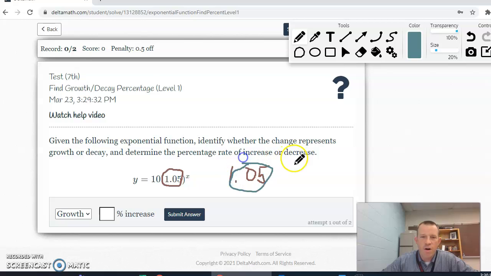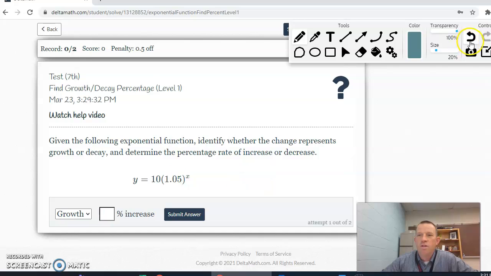We have to convert 0.05 into a percentage. The way that we do that is we move the decimal 2 places to the right, 1, 2, and it would be 5%. That is a bit of a review, but you should understand how to convert a decimal to a percentage. That's a 5% increase based on what's inside the parentheses, and that's growth.